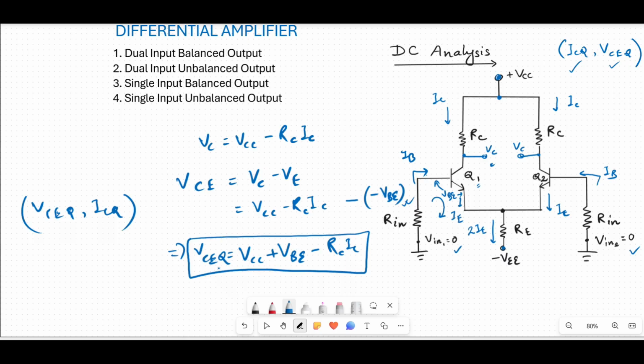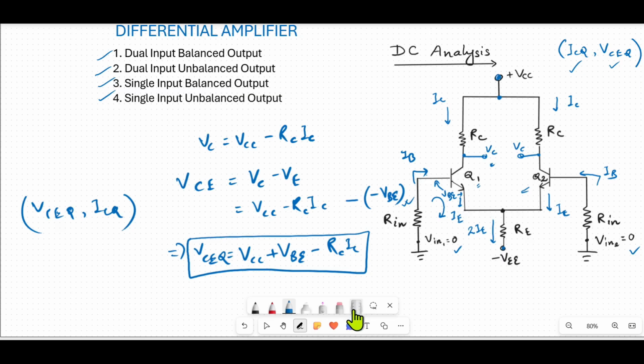Now similarly, we can determine it for the transistor Q2 also. As you can see, this analysis is applicable for all the 4 configurations of the differential amplifier, as long as we use the same biasing arrangement as we have discussed for each of them.